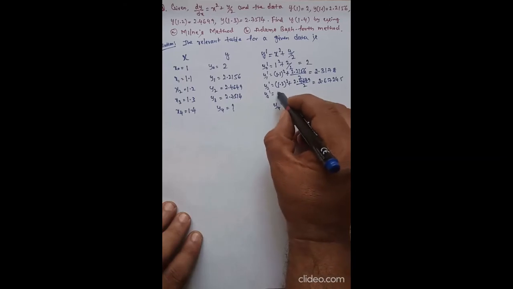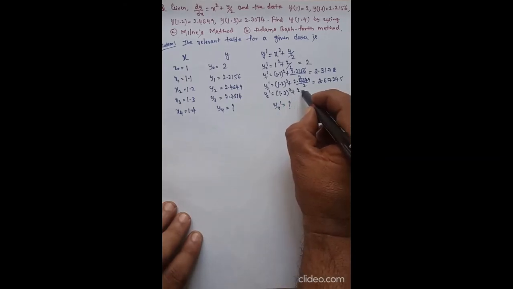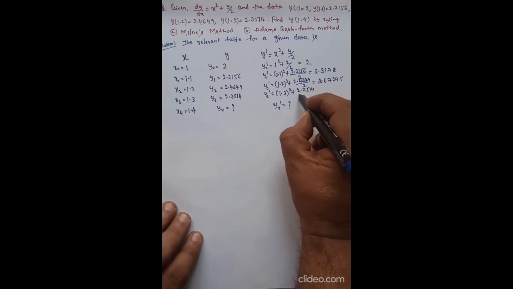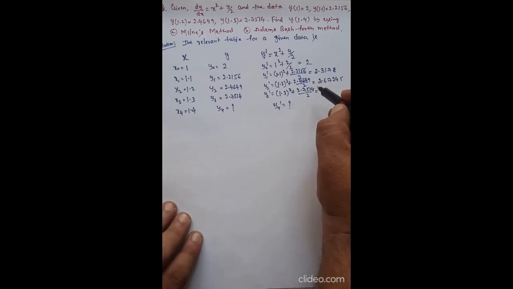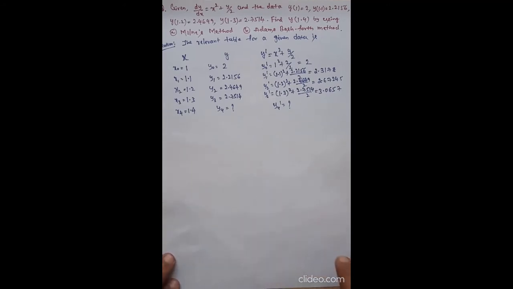Now y3 dash, it is 1.3 whole square plus 2.7514 divided by 2. Calculate this, it is 3.0657. So this is the data table here. So this is a unique table, common for Milne's method as well as for Adams-Bashforth method.